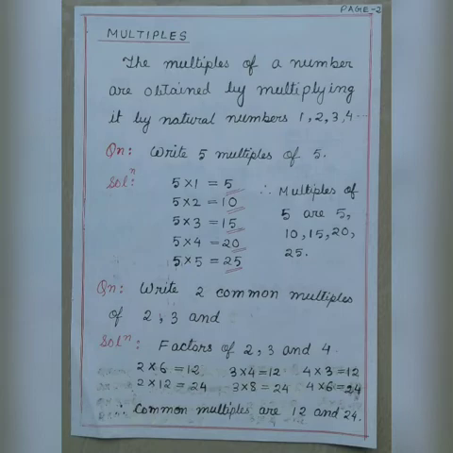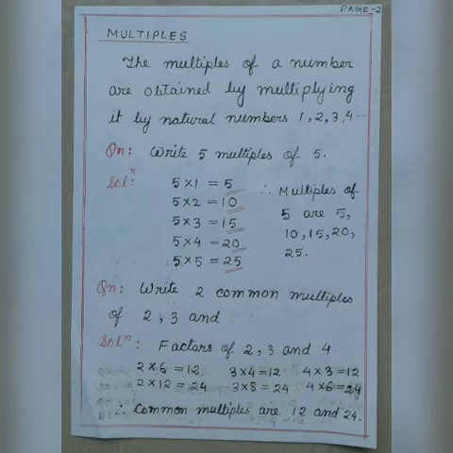Next question, write 2 common multiples of 2, 3 and 5. So, we have to check the common multiples. That means the common multiples of 2, 3 and 5 we have to find. So 2 into 6 is 12, 3 into 4 is 12, 4 into 3 is 12.